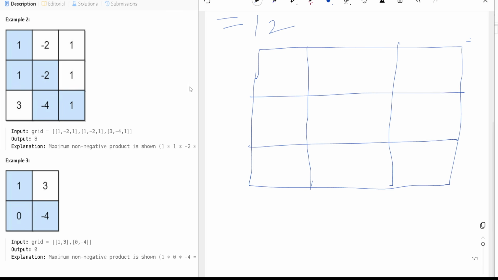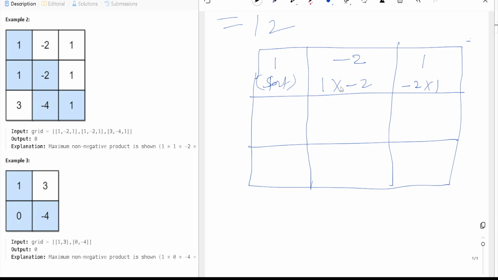The very first cell we have is 1, so this is our start, correct? From here, when we reach -2, what is the value we have? So 1 times -2, we'll get some value here. Then, let's suppose there we have 1, so we multiply this -2 with this 1, correct?